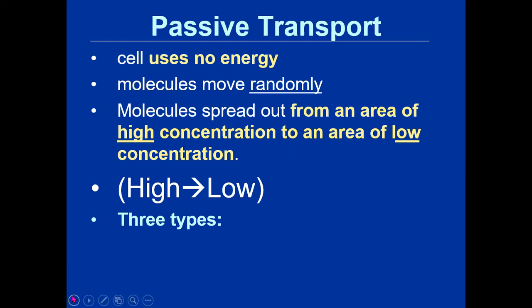So when the molecules reach equilibrium, the concentration is evenly distributed. The molecules are still moving, except that what is going in one direction is being cancelled in the other direction. So what we say is that there is no net movement of molecules in such a case. However, the molecules are moving.